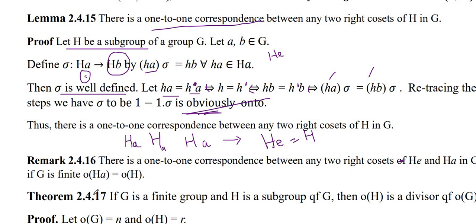So we now move on to Lagrange's theorem. This is our Lagrange's theorem. If G is a finite group, if this word is not mentioned, then the marks for the statement will be cut.